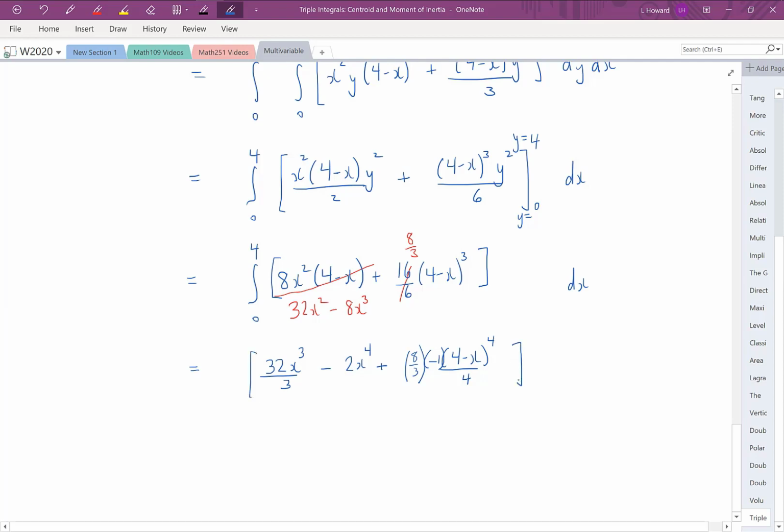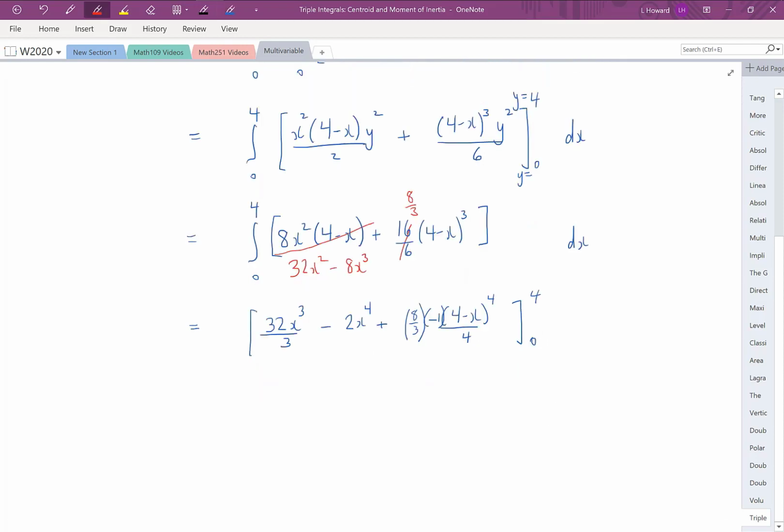And then we still need to evaluate this at 4 and then at 0. So before plugging in, I just want to clean up these coefficients on that last term a little bit. Let's call the coefficient minus 2/3 just to make it a bit cleaner, and then we can start subbing everything in. Okay, so evaluating at x equal 4, we get 32 over 3 times 4 cubed minus 2 times 4 to the 4th.